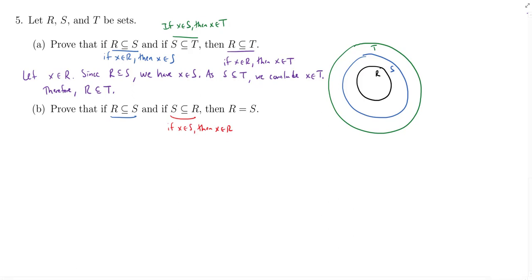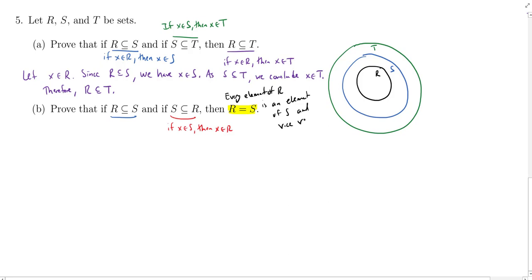Okay, now what does this last condition, the hypothesis, actually mean? Well, for this to be true, we need that every element of R is an element of S and vice versa.